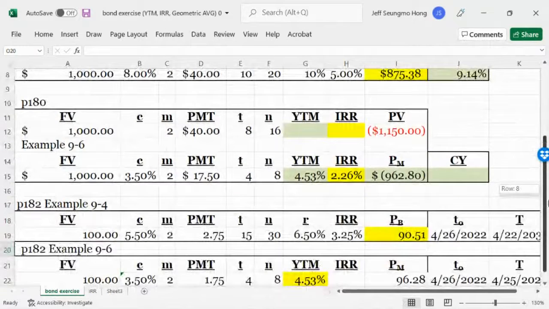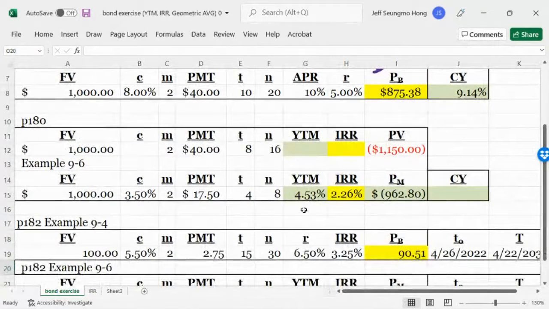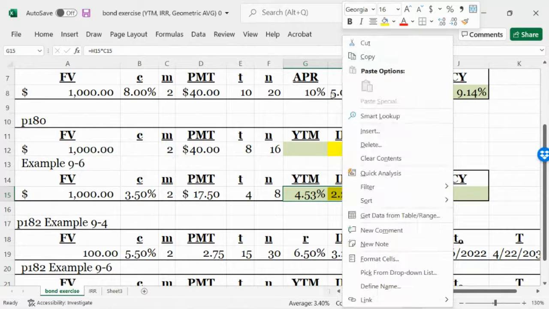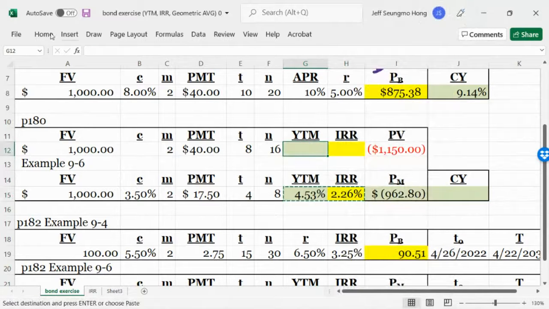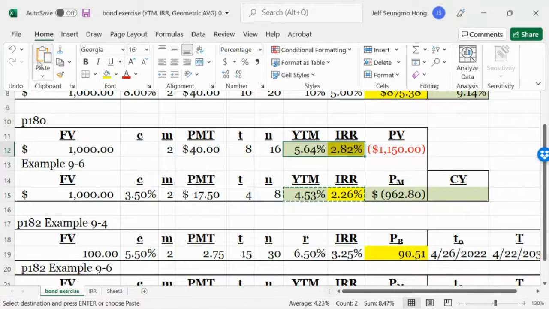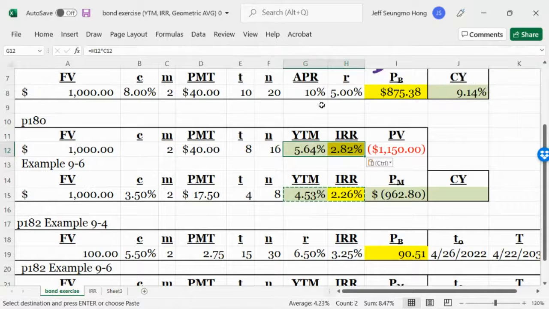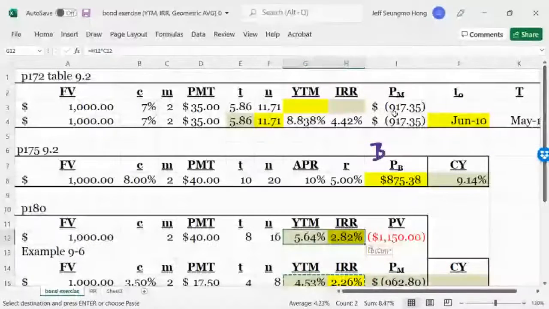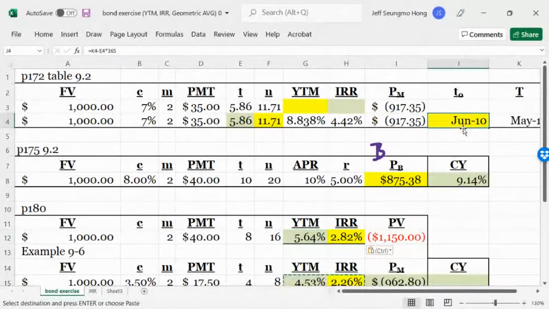And the rest of it, you can easily do by simply copying this and pasting here. I mean, you can do it from scratch again, but I probably explained how I found that the examples were taken in June of 2010, because I could figure out n from the given input.